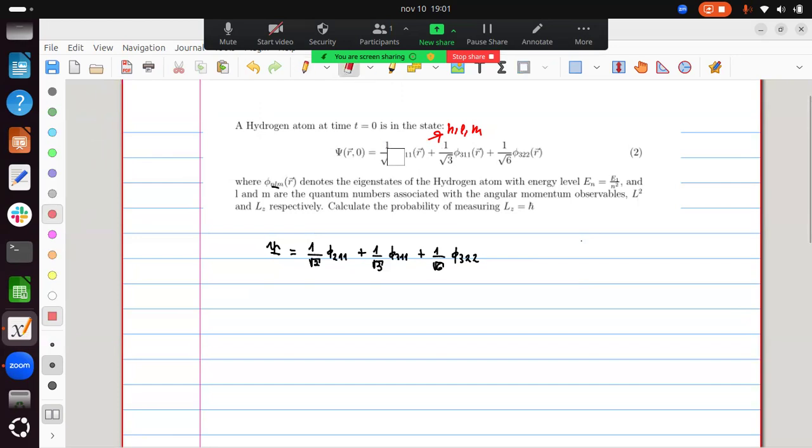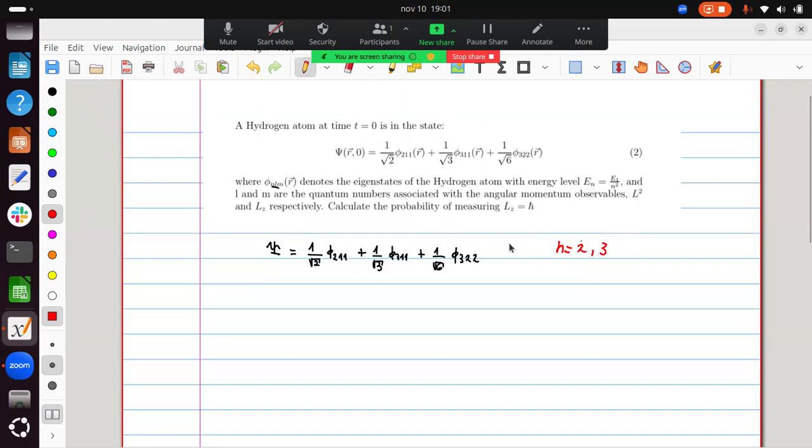As you can see, N is just 2 and 3. There are only two possibilities: when N is equal to 2 and when N is equal to 3.